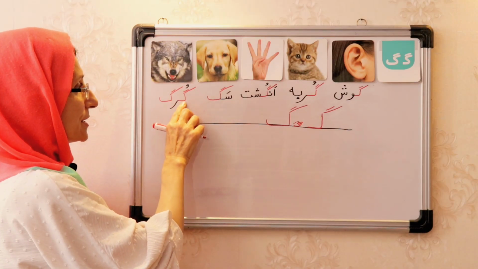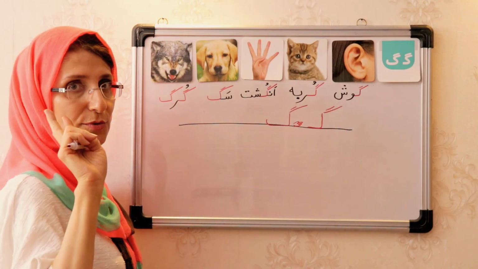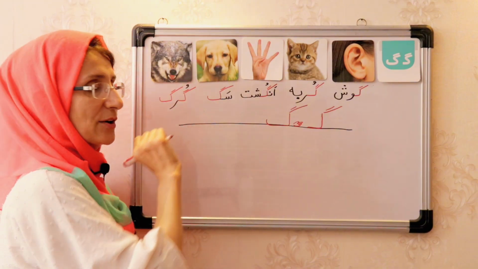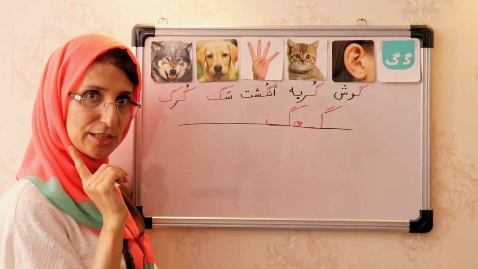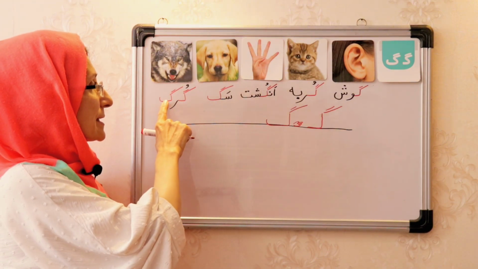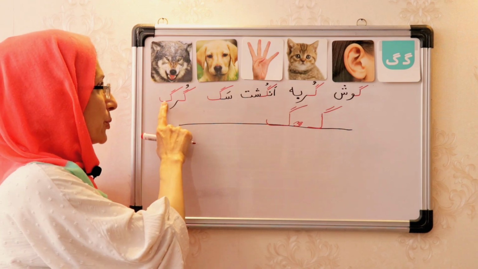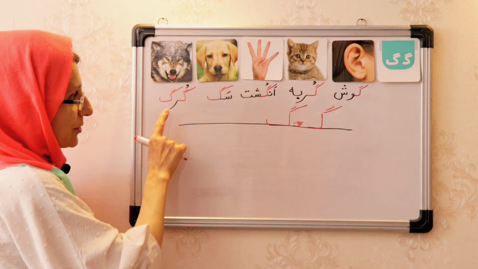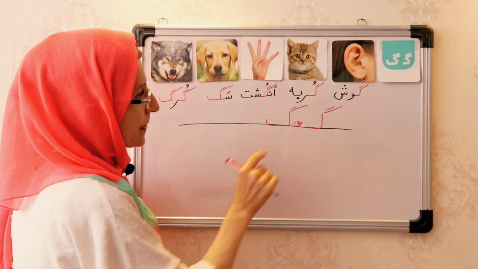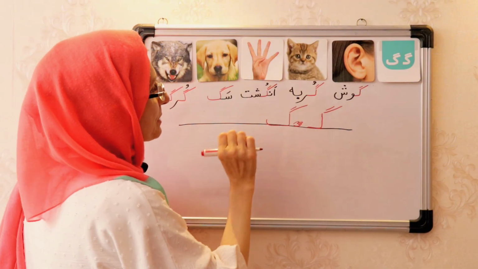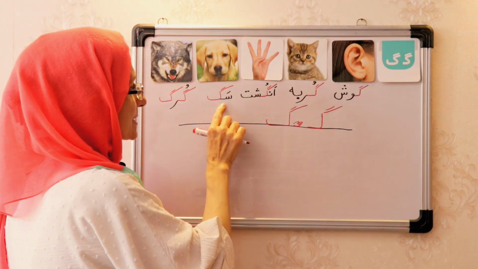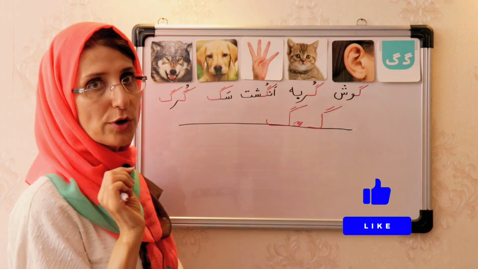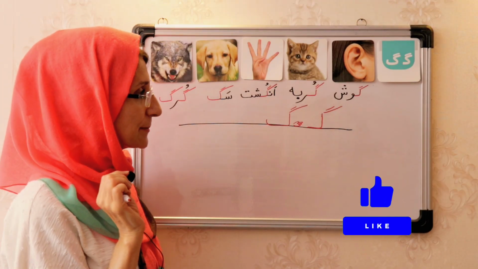And here we have two G's: G غیر آخر in the initial position and G آخر in the final position, which is alone and didn't take the hand of another sound. گرگ, گوش, گربه, انگشت, سگ, and گرگ is wolf in Persian.